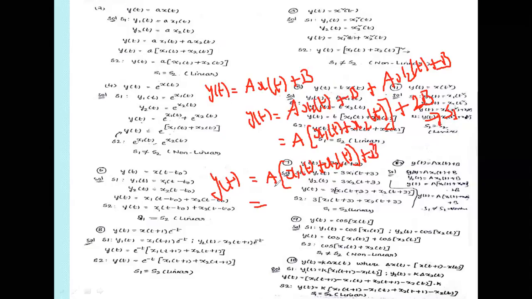Now you see a into x1 of t plus x2 of t plus 2b is obtained when we pass the signals individually and then add, but here we'll get only b. Okay, S2. Therefore, S1 is not equal to S2. The given system, y of t is equal to a into x of t plus b, is a non-linear system. Got it, my students?